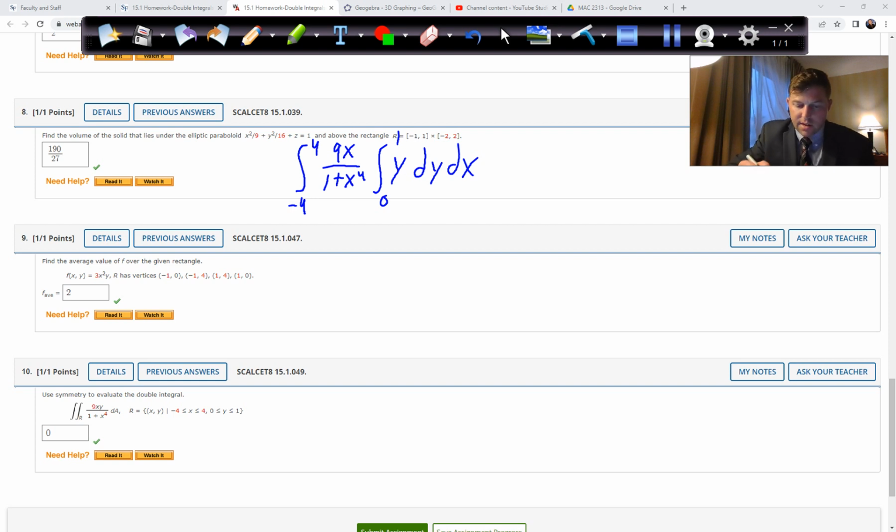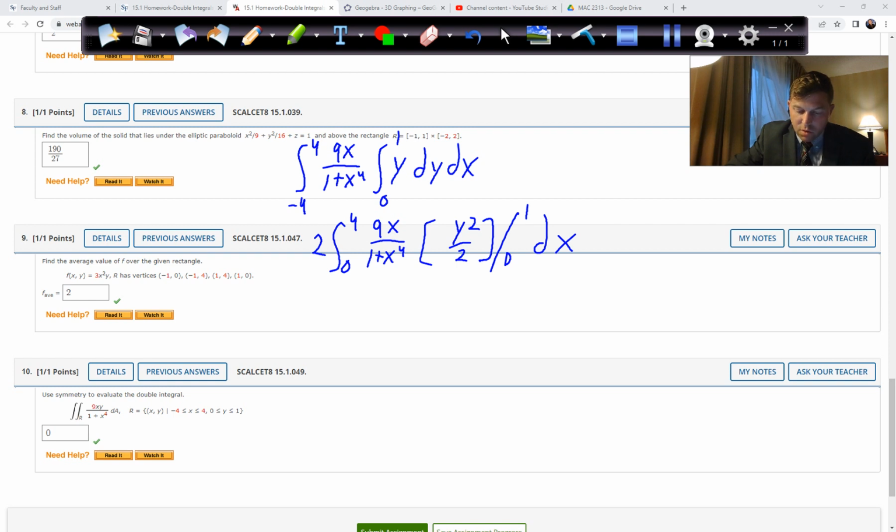So first off, we're going to double this and call this 0 to 4. And we're going to get 9x over 1 plus x^4. This antiderivative would be y squared over 2 from 0 to 1 dx.